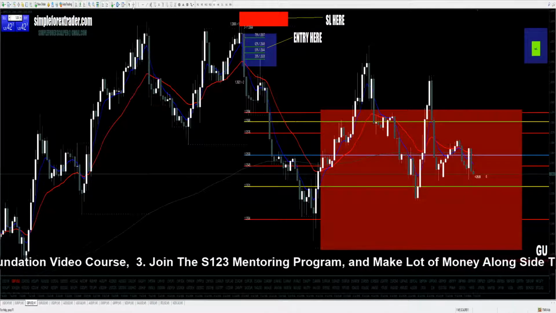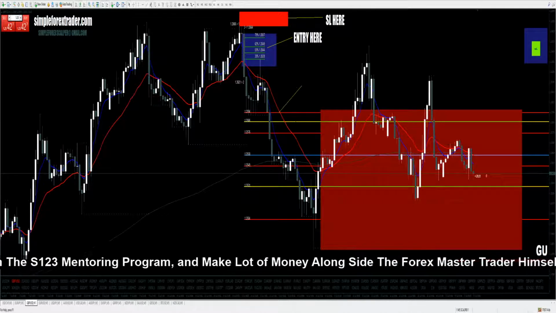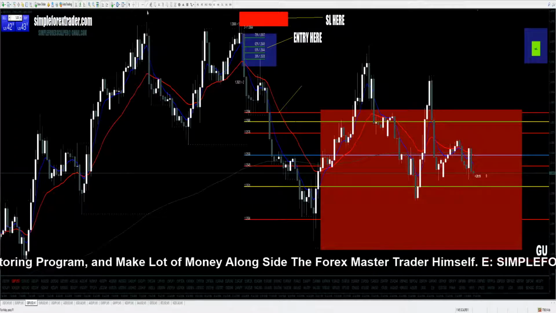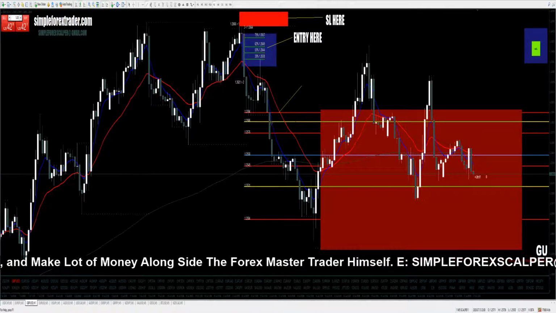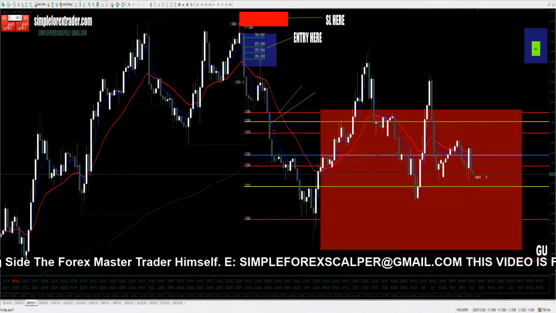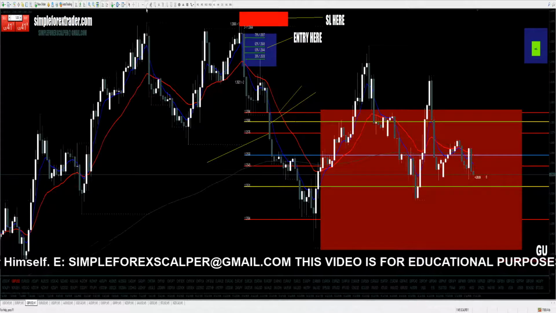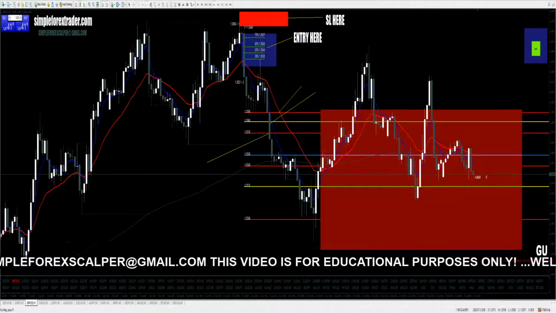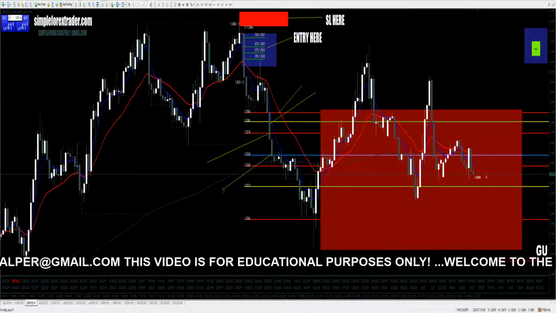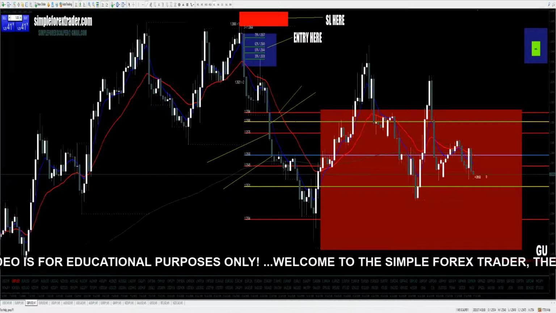So this is the target 1. Target 2. You can see it hits the target 2 there. Target 3 here. And if you want to keep going, target 4. Your take profit target 5 is here.